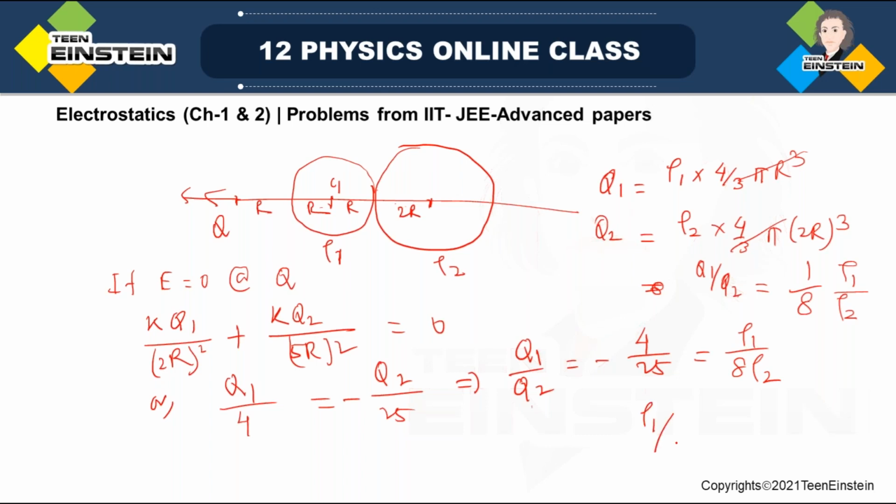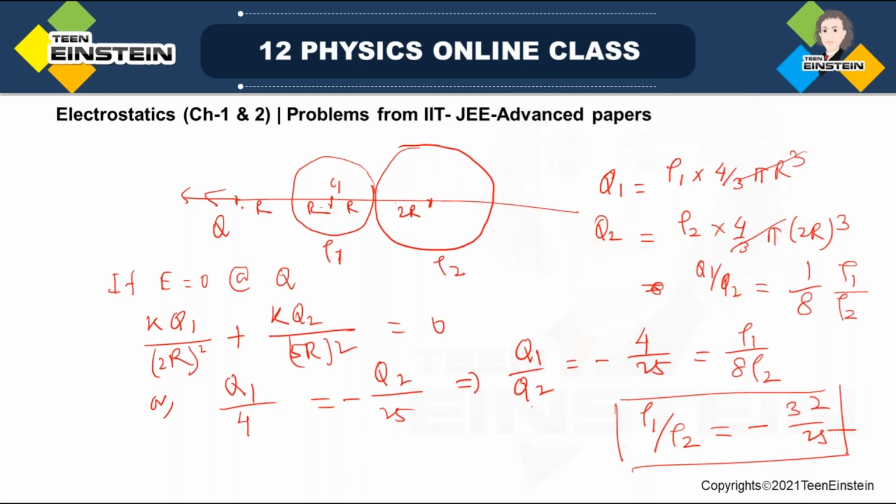So rho 1 by rho 2 will be minus 32 by 25. Okay, so this is the other answer for this particular point.